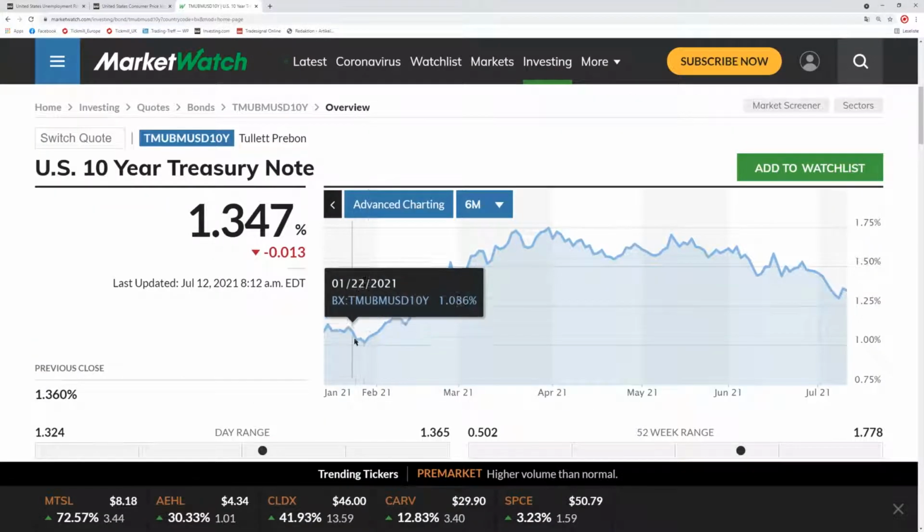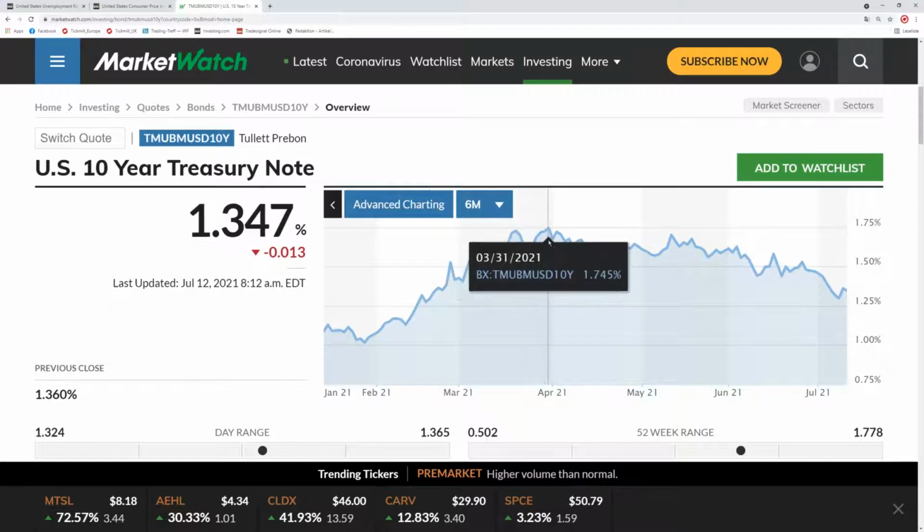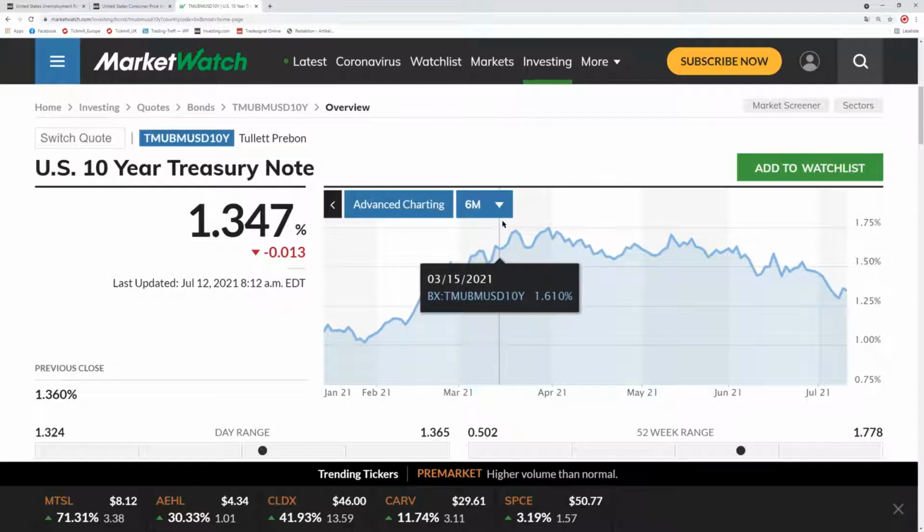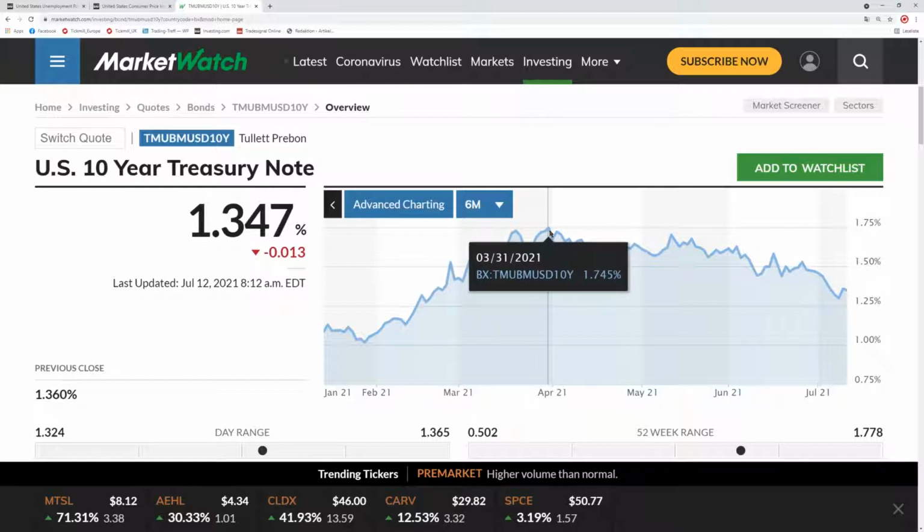You see this chart over here. We had a peak of nearly 175, and this was the time when the market did not believe the Fed that the inflation pressure is just temporary, and the next numbers will show how high the pressure is.